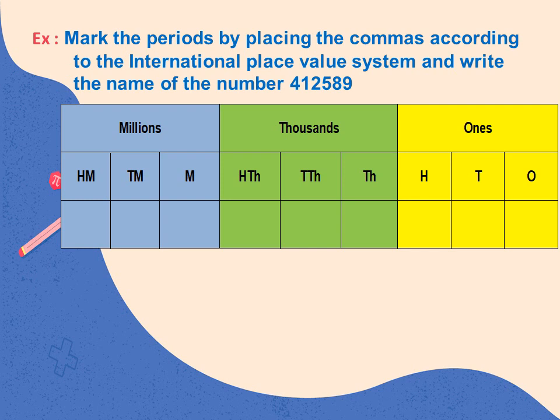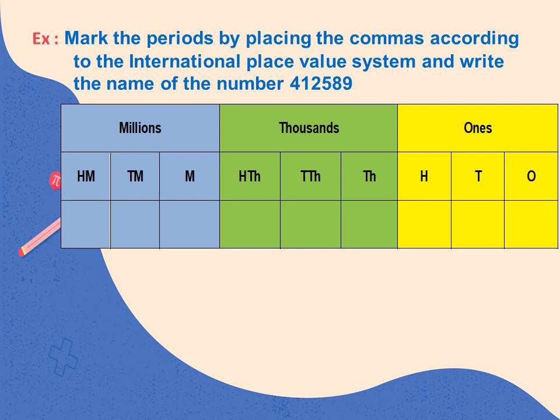While entering the digits in the place value chart, we start from the right, that is from the ones place. While reading the number, we start from the highest period, that is from left to right. Since here we are entering the digits in the place value chart, we will start from right to left, that is from ones place.